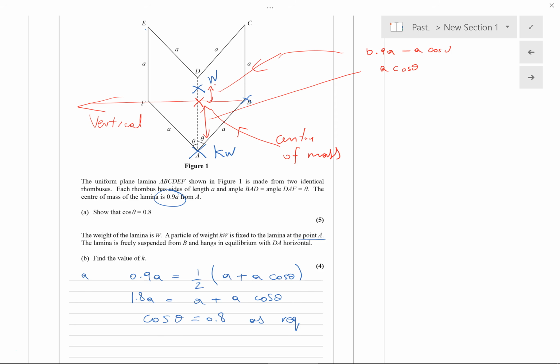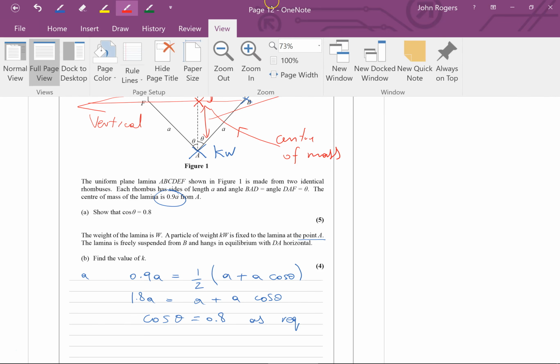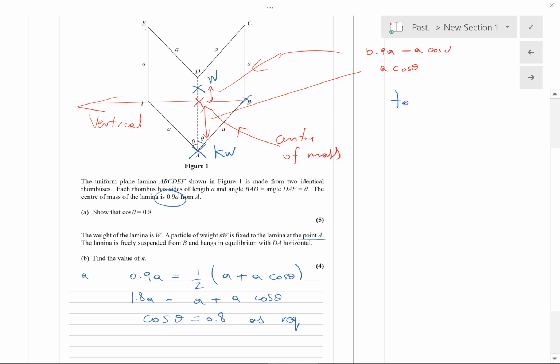is that small distance between the centre of mass of the shape without the kW and the vertical line. So that means we can now set up our moments equation, taking moments.